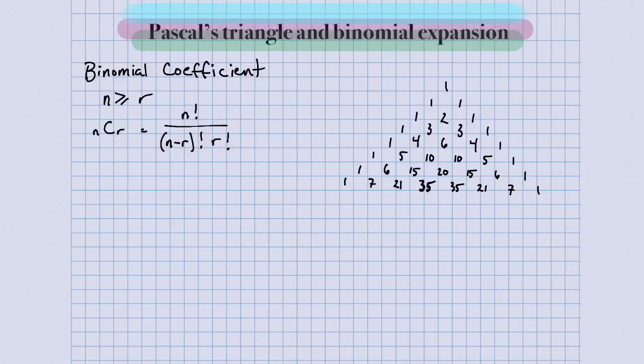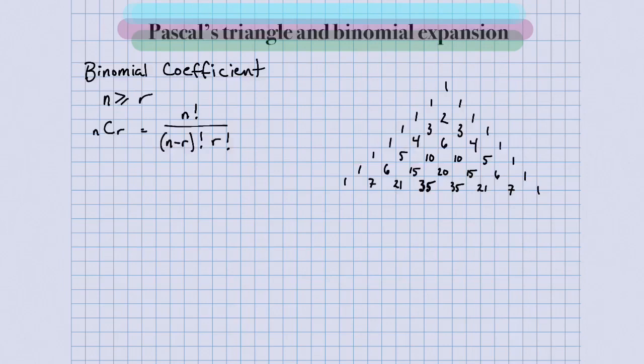Okay, so what does this all mean? What this kind of means is this binomial coefficient is going to be the n plus 1 numbers in row n plus 1.